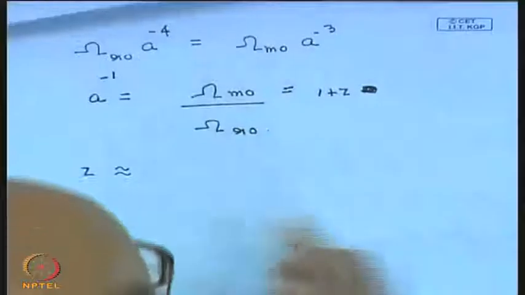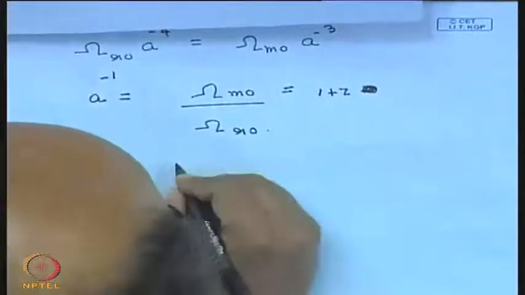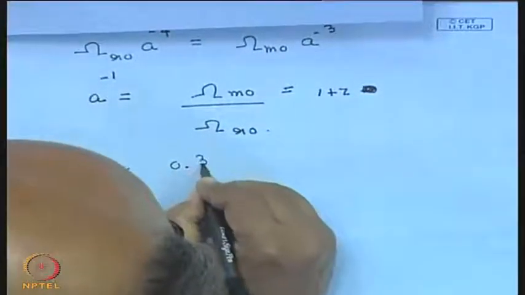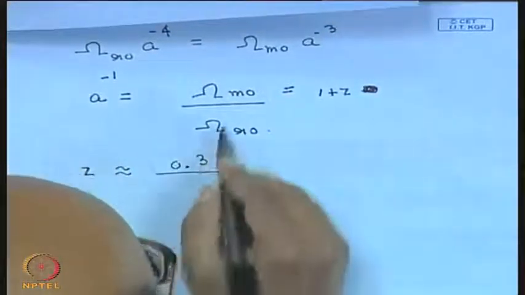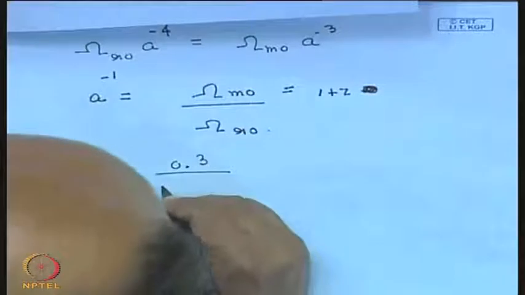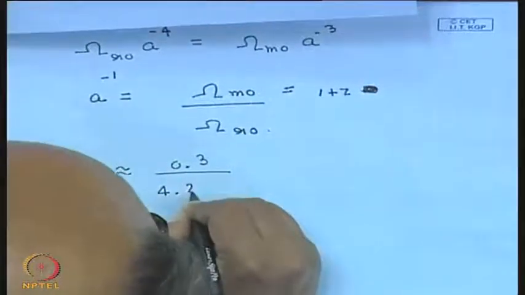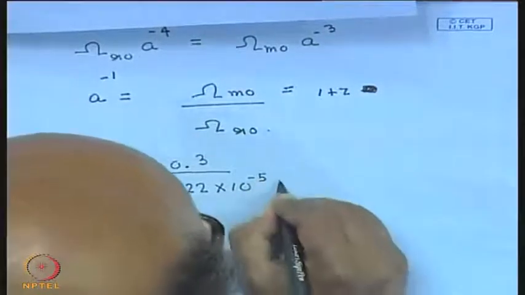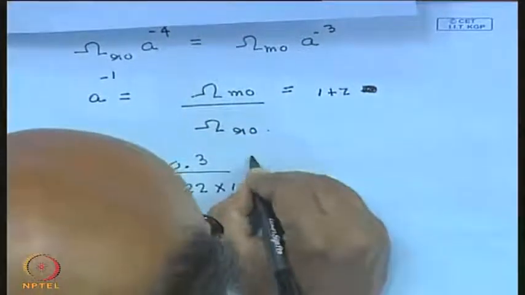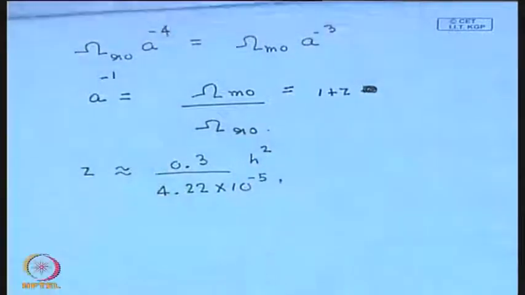4 point, so this is 0.3 divided by, that is the omega matter, and divided by 4.22 10 to the power minus 5. I can take this h square on top.